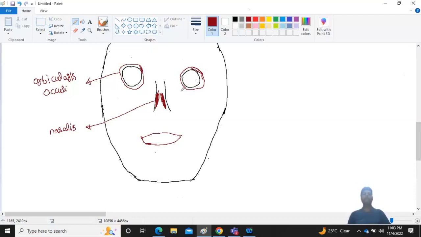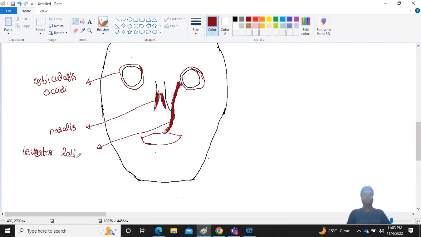So there are four muscles present in this region. We draw the first muscle, which goes from the lip to the nose then to the eye. This is a huge big muscle. It is called levator labii superioris alaeque nasi.